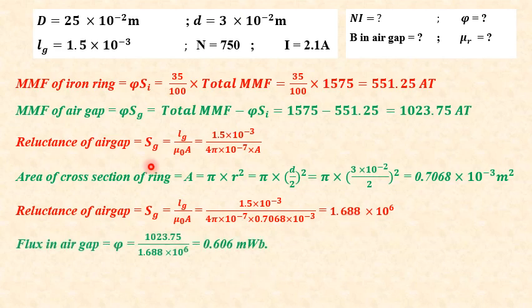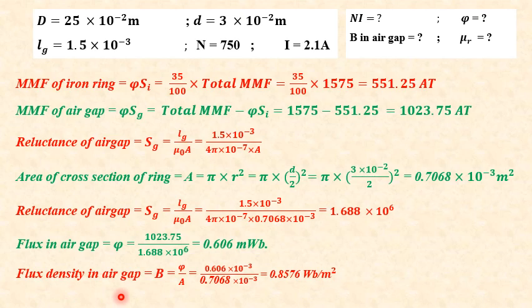Substituting in the MMF of air gap equation, flux in air gap is 1023.75 divided by 1.688 into 10 raised to 6, that is 0.606 milliweber.